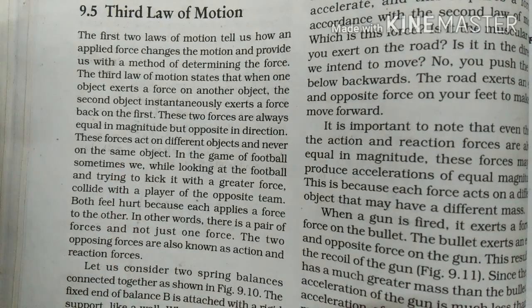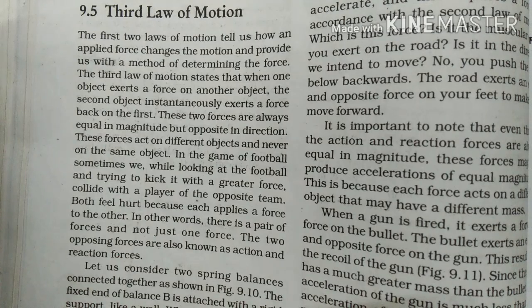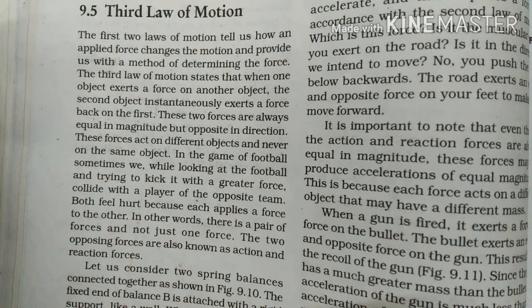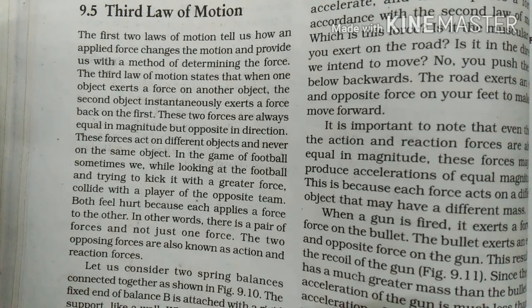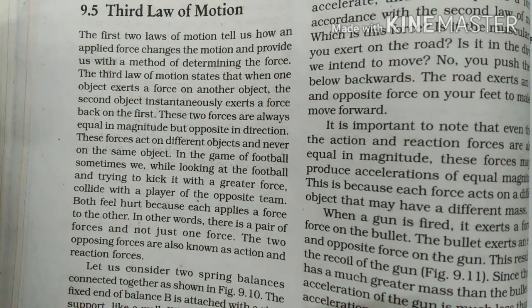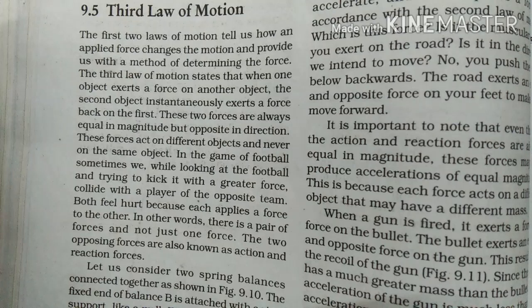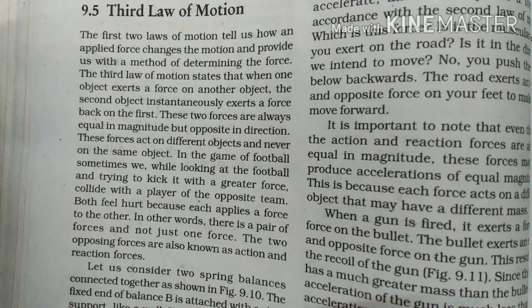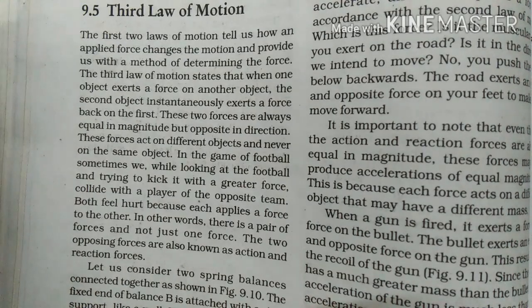The third law of motion states that when we exert a force from one object on another, that force goes on the second object simultaneously, and that second object gives a force back on the first.